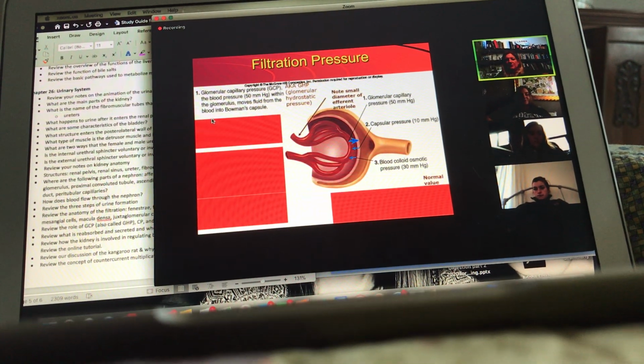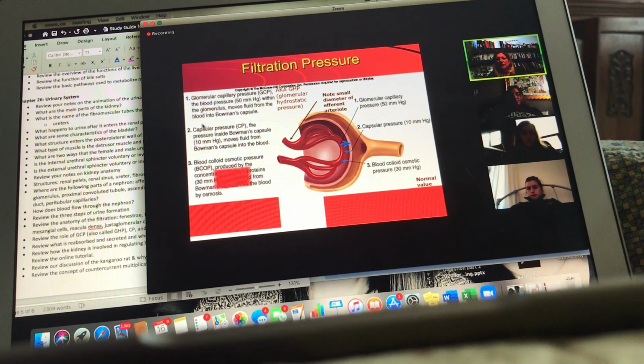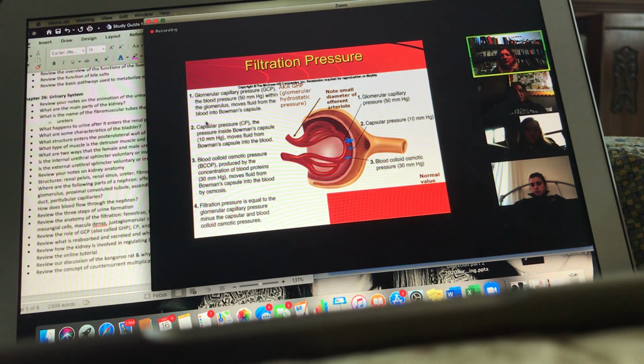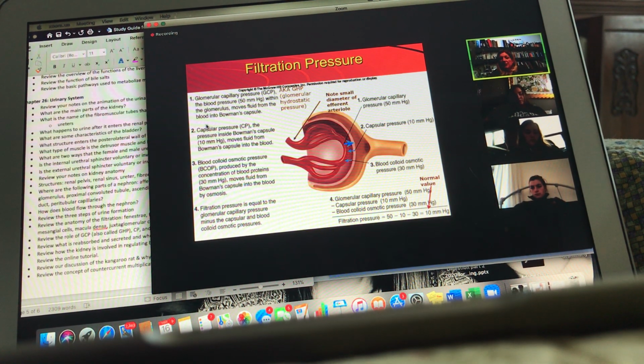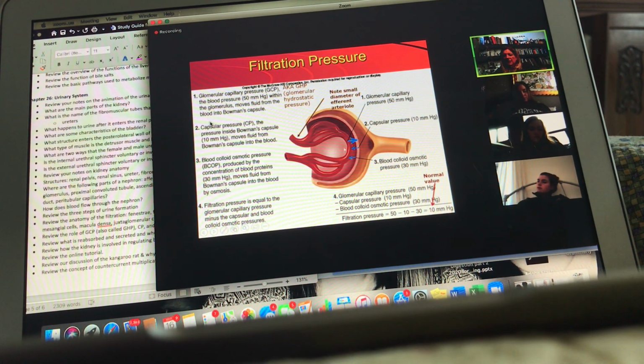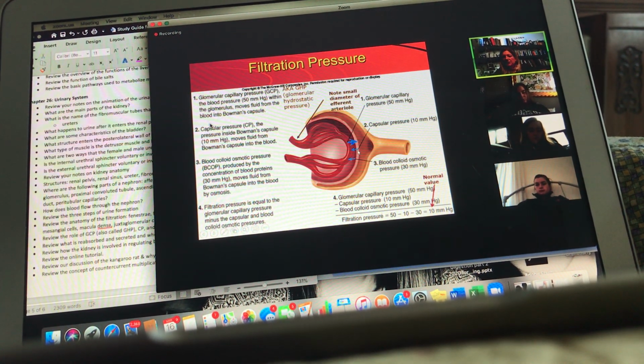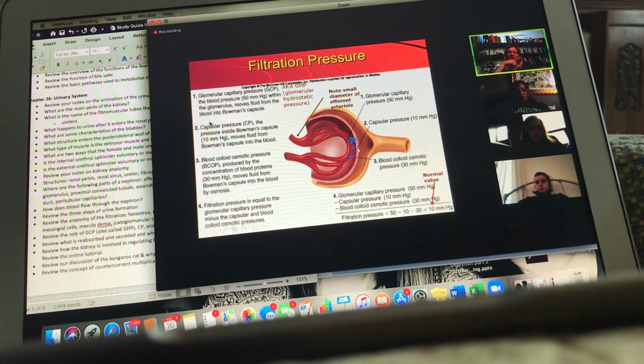Okay. So other things to think about are blood. Make sure that you review blood pressure stuff. Make sure you understand how to calculate the filtration pressure, because remember that there's pressure within the blood vessels, but then there's pressure moving things in the opposite direction. We have two types of pressure moving things in the opposite direction.